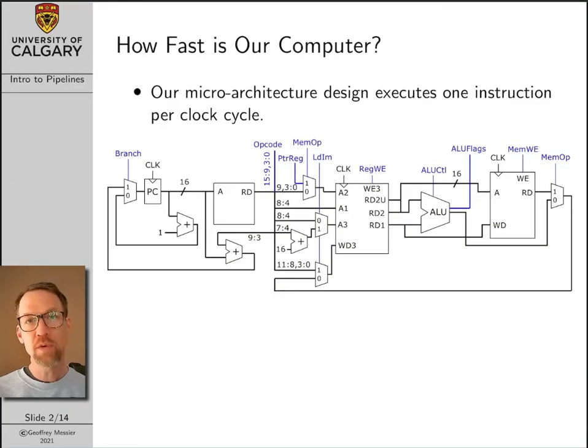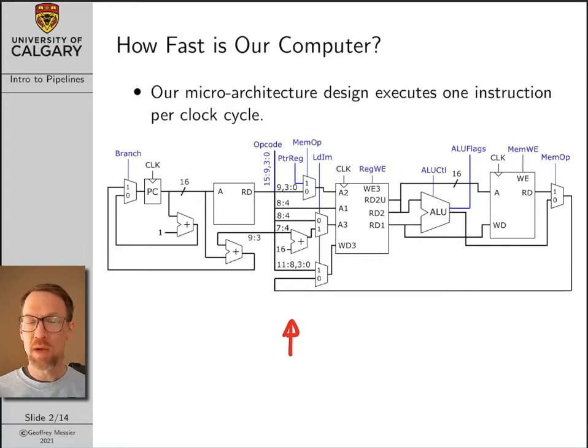And so we're going to work with this concept, we need to go back to our microarchitecture design. When we last left our microarchitecture, this was sort of what we finished up with. This is a digital machine that is fully able to execute AVR machine language. And that's fine.